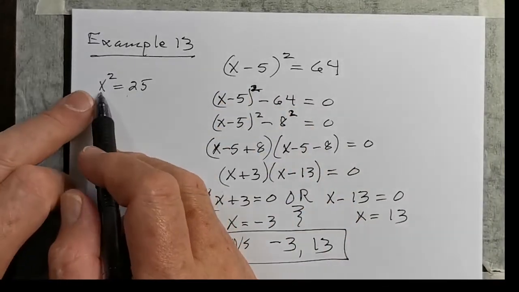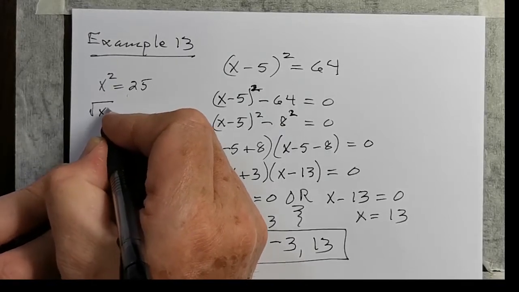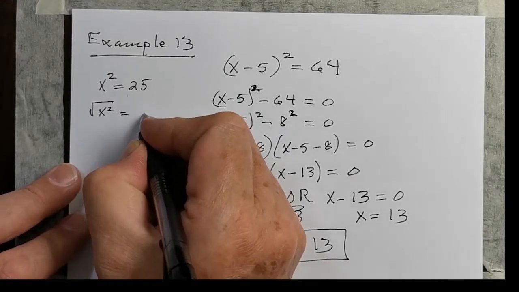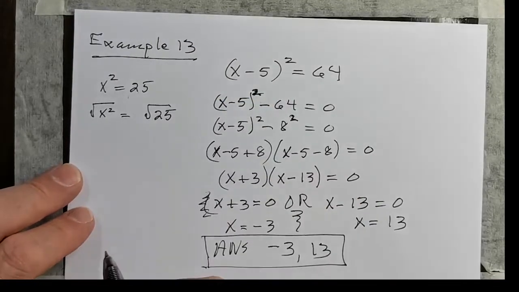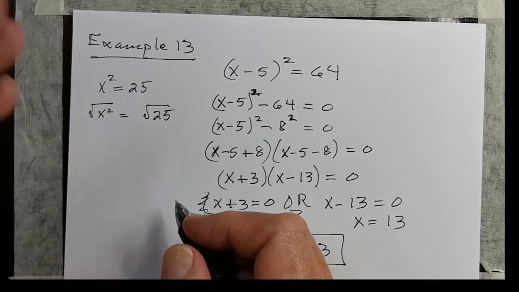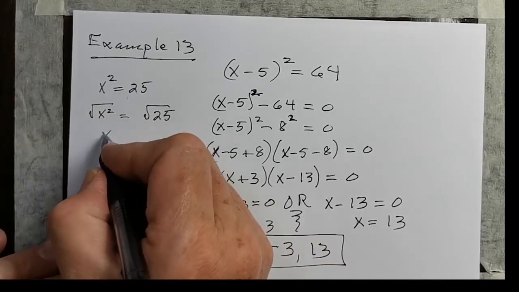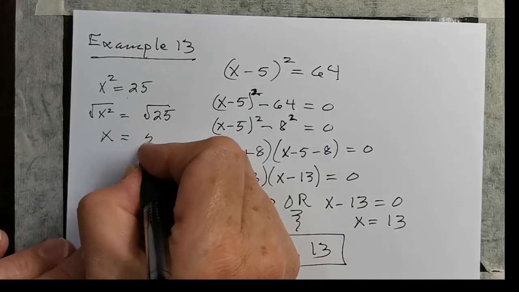So if I take the square root of the left and the square root of the right, then I get rid of the square here. The square root of x squared is just x. And the square root of 25 is 5.